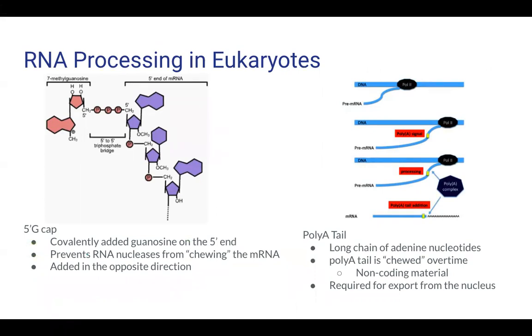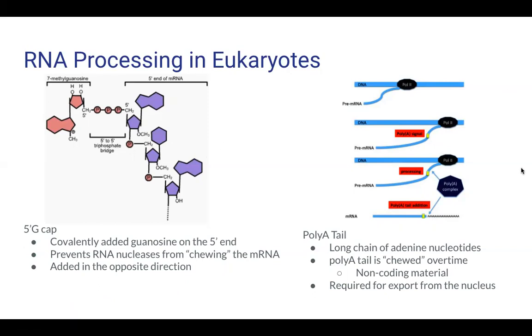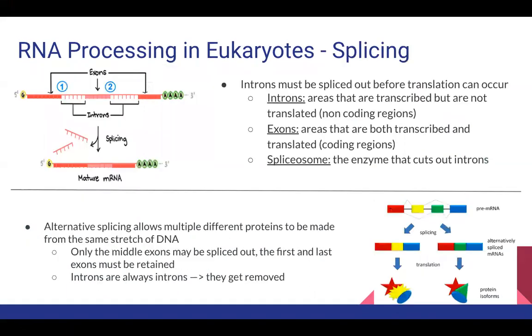Another modification is the poly-A tail, a long chain of adenine nucleotides added onto the end of some mRNA strands. That strand is able to get chewed over time, and it's a non-coding region, so the actual important coding part will be protected from degradation. It's also required for export from the nucleus.